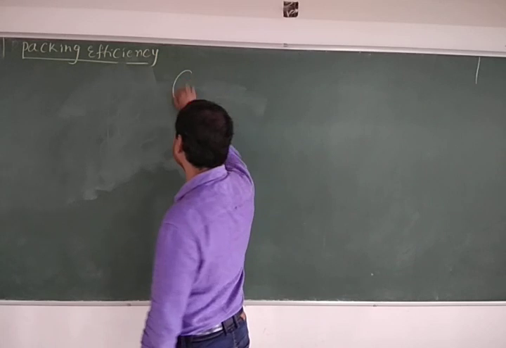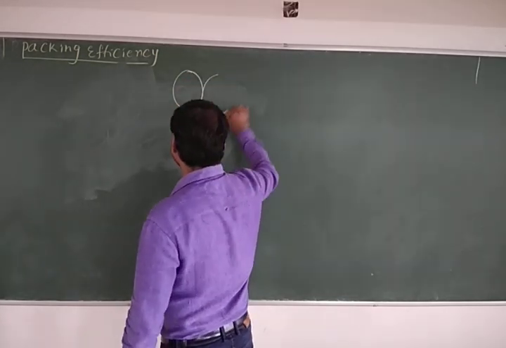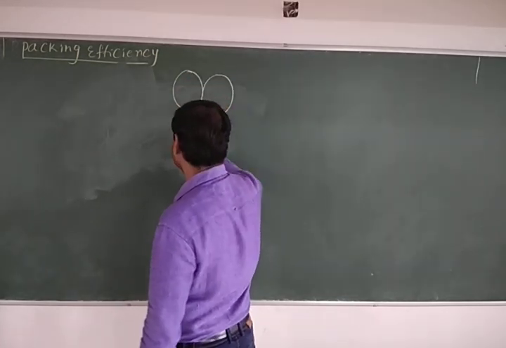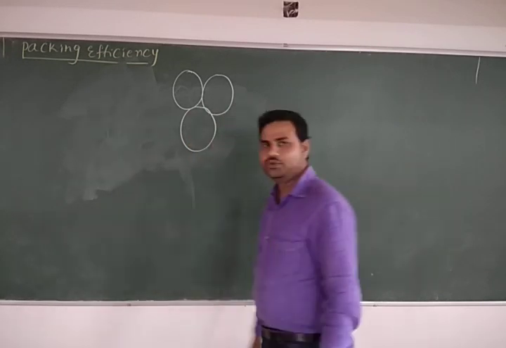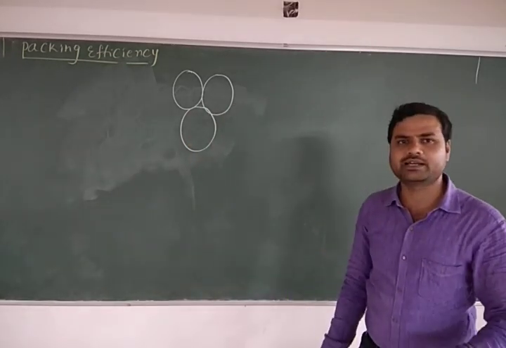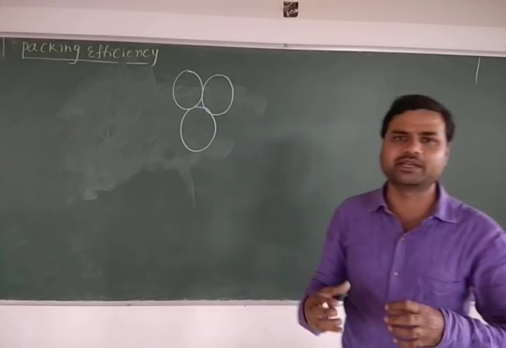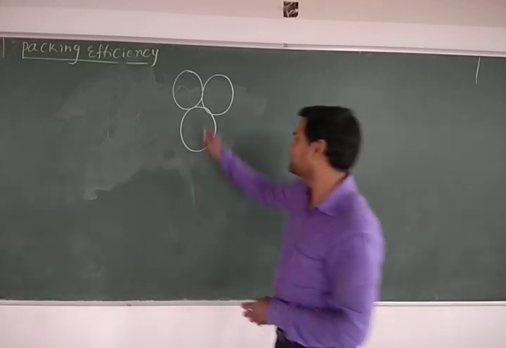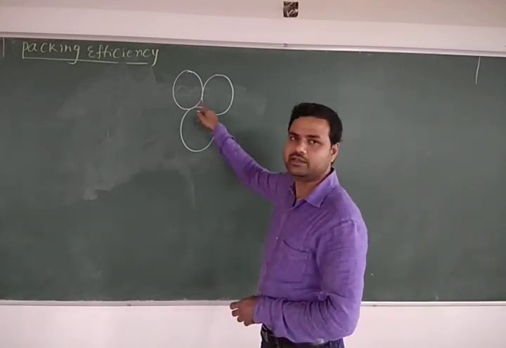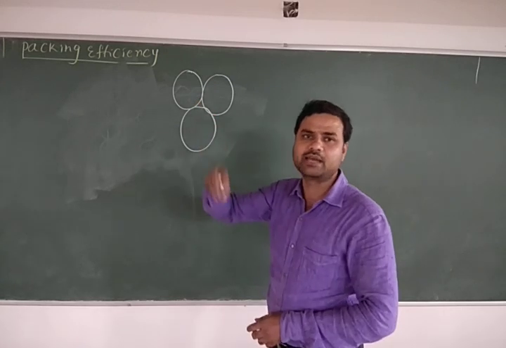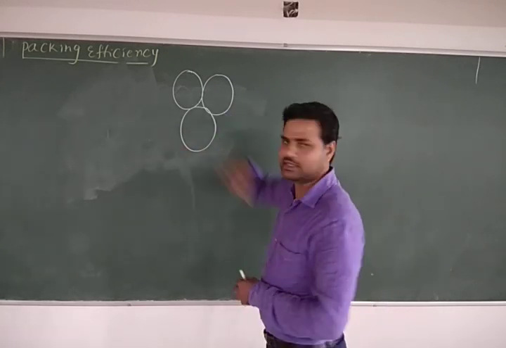Let us see what this packing efficiency is. For example, I am placing 3 spheres like this. You see, are the 3 spheres in 100% packing? No, they are not in 100% packing with each other. Here you see that some gap is there, some space is empty between these 3 spheres.